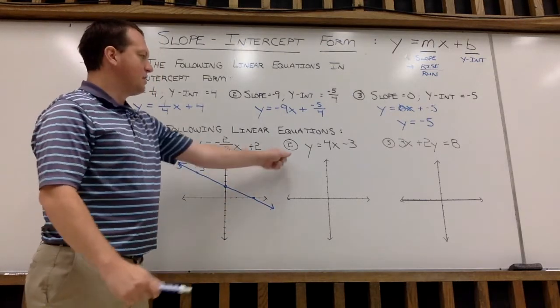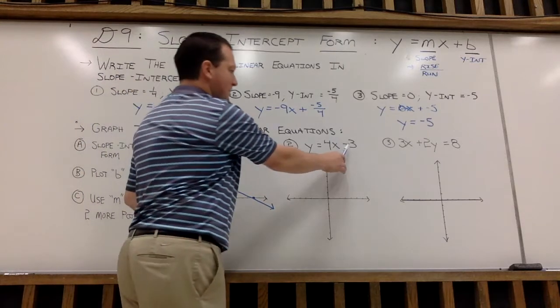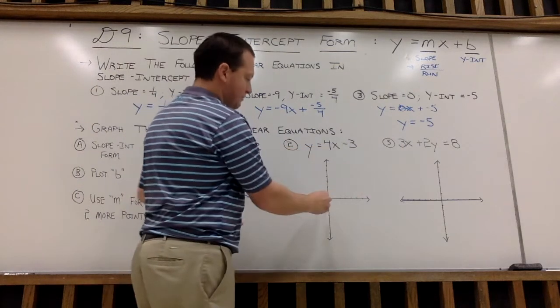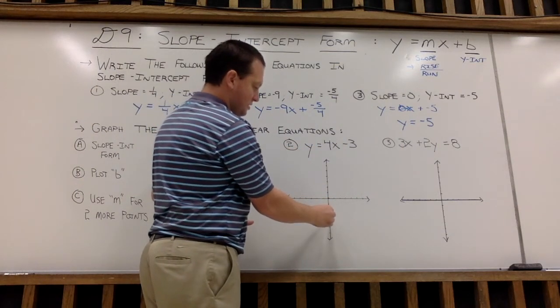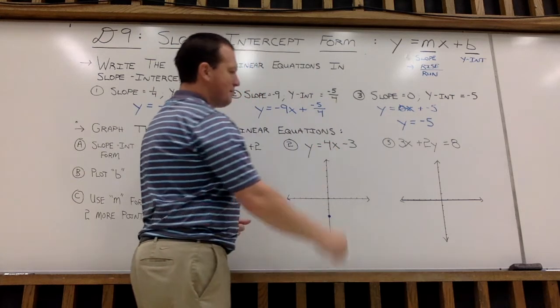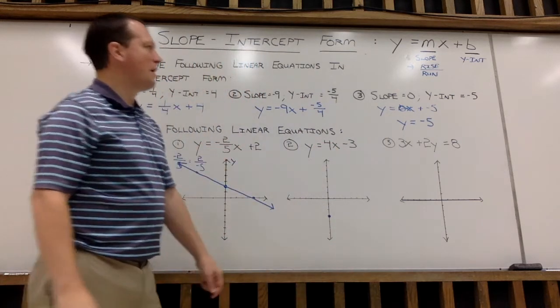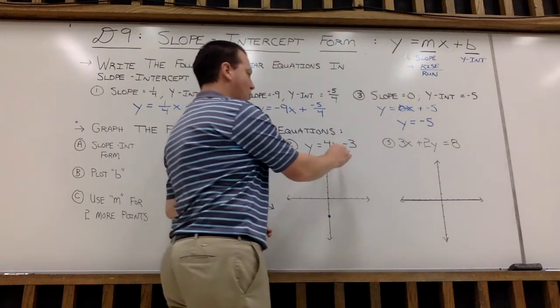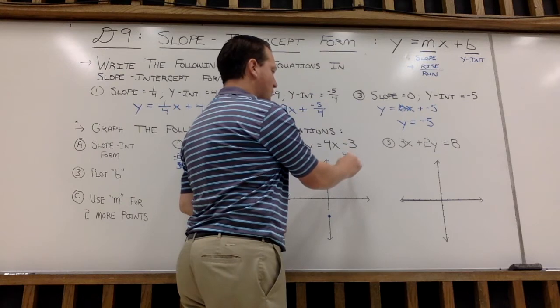Deep breath. Example 2. Here we have b. We're in slope-intercept form, so I can plot b, a y-intercept of negative 3. So I'm going to start down 1, down 2, down 3 on the y-axis. The slope here, m, is 4. Remember, I want to think of slope always as a rise over run fraction. So 4 is the same as 4 over 1.